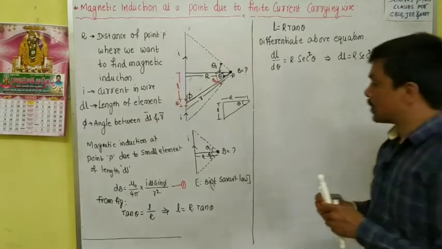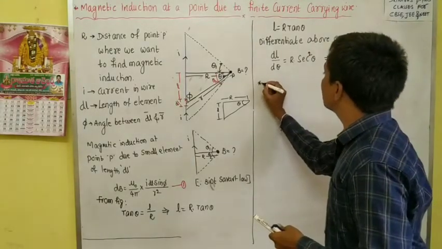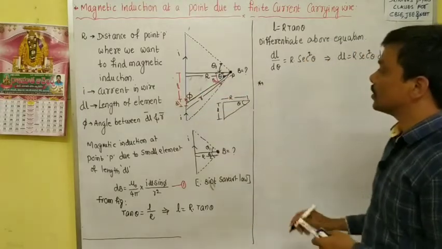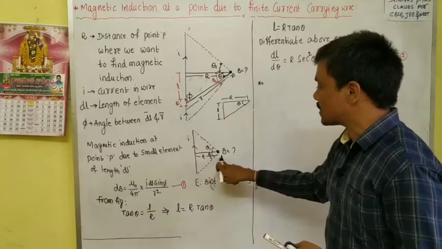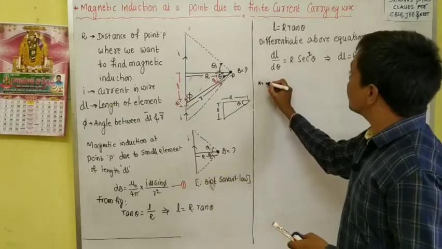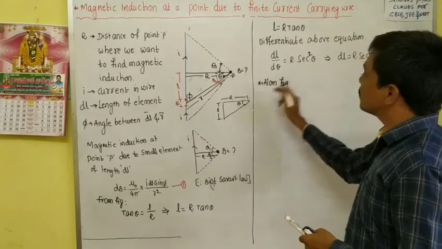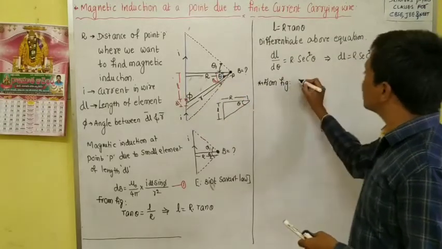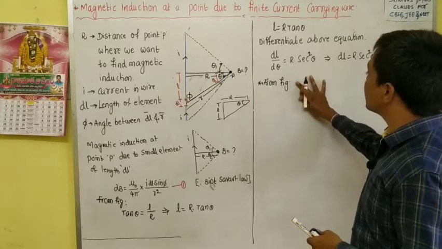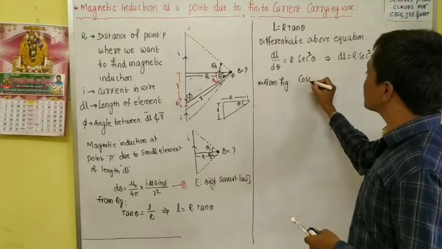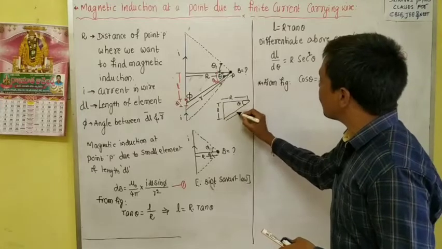After that, from the same triangle we can write one more thing. This small r I want to change into capital R because I want to express B in terms of capital R. So from the figure, we write cos theta, adjacent side capital R by hypotenuse small r.